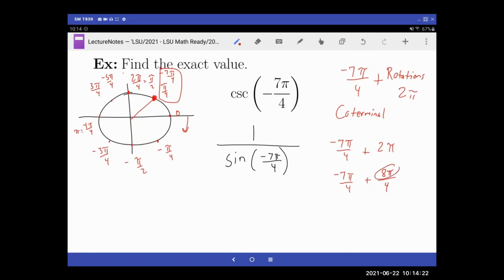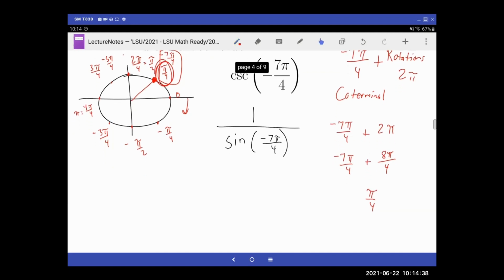So that's where I got 8, so 8 pi over 4. If I add negative 7 pi over 4 plus 8 pi over 4, I get 1 pi over 4. That's the coterminal angle there. So I changed the angle to an easier-to-use value, knowing that these two things will be the same now. No matter what, I'll get the same value because those angles are in the same position on the circle.